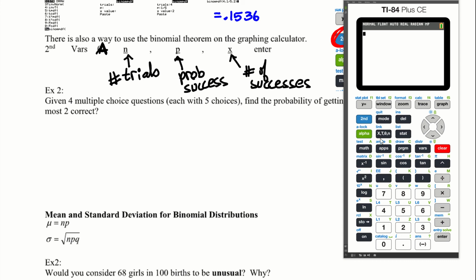So let's go through the distribution menu. Second, vars, option A. Same menu, option A. We're back to this scenario, 4, 1/5, but we're going to leave it blank for the x value.